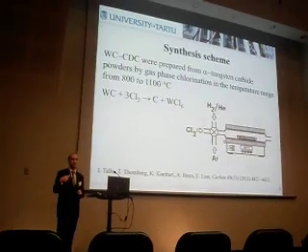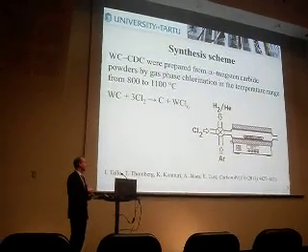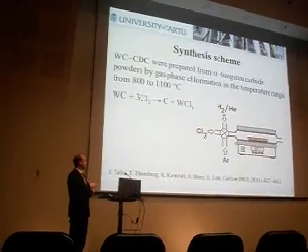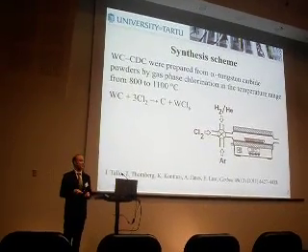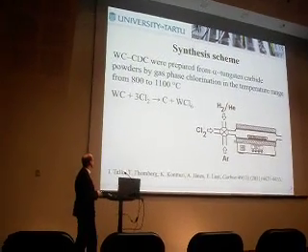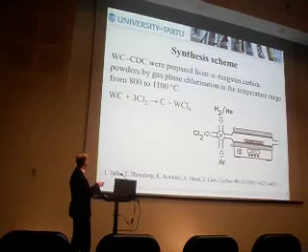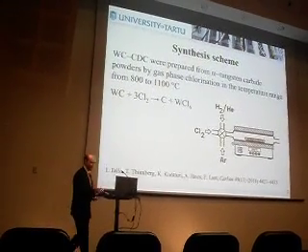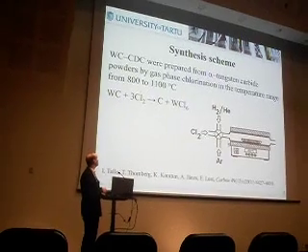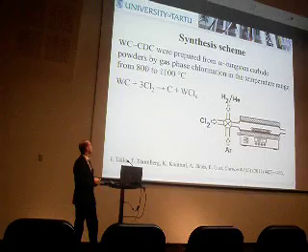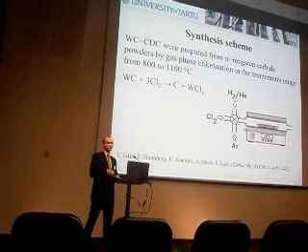And the chlorine reacts with the carbide and leaves carbon behind. And the metal chloride, it's volatile, it goes to the neutralizer. And this is the simplified reaction that takes place. And we carried out the reaction at different temperatures from 800 to 1100 degrees.